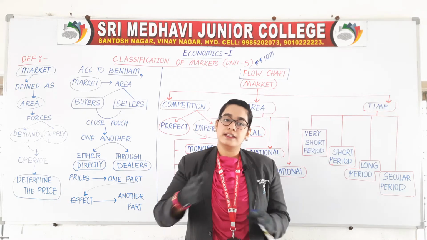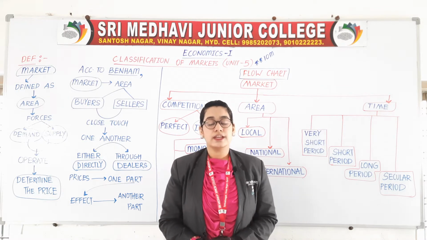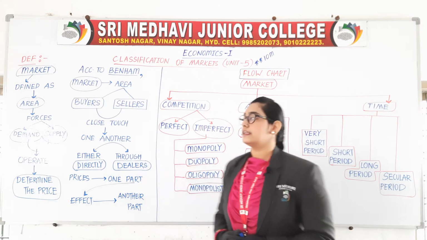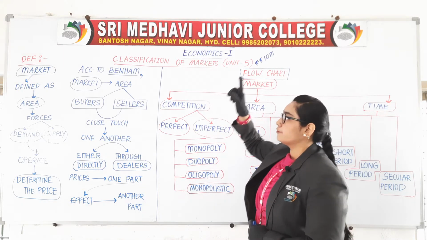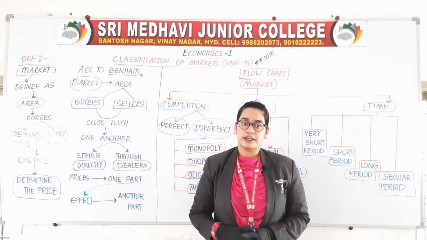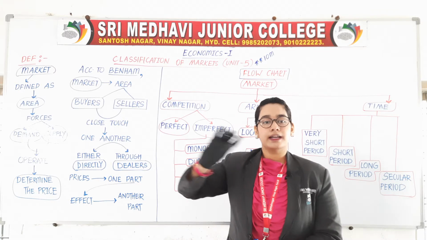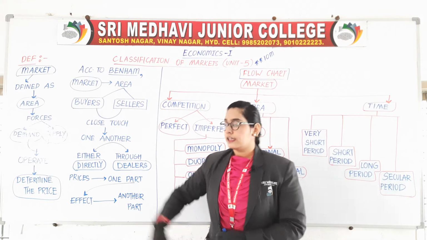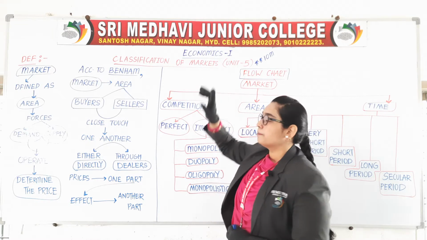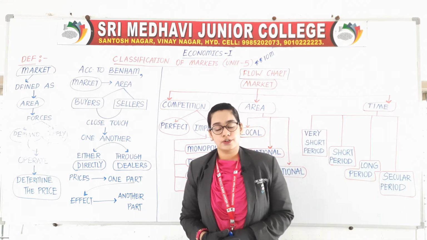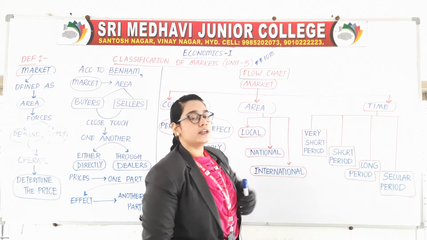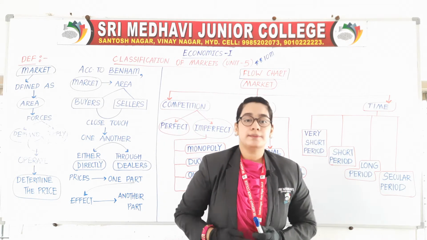This was learnt in the last class, and today we are going to start a new fresh unit, that is unit number 5. This is all about market. You can say it is market analysis. Today's topic is classification of markets, which is a very important question for 10 marks.